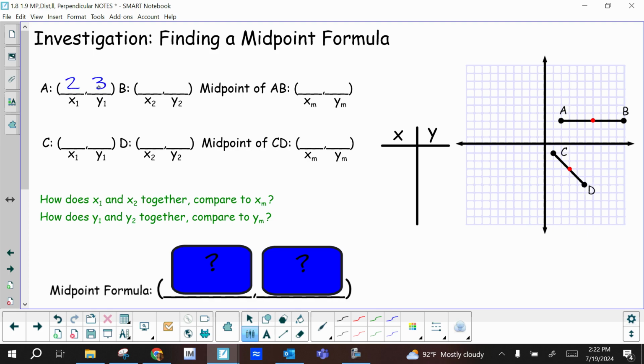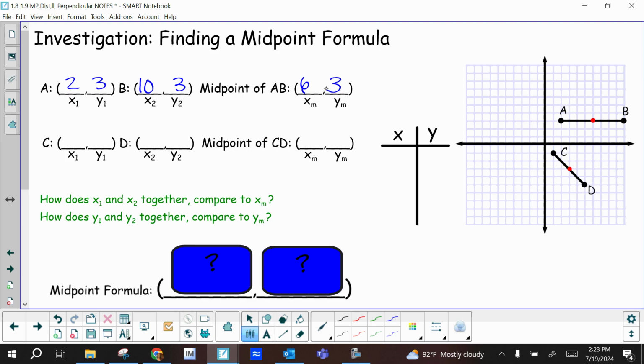B is at (10, 3). The midpoint is already identified in red. Remember, the midpoint is directly in the middle, halfway through. It looks like it's at (6, 3). So that's for AB.